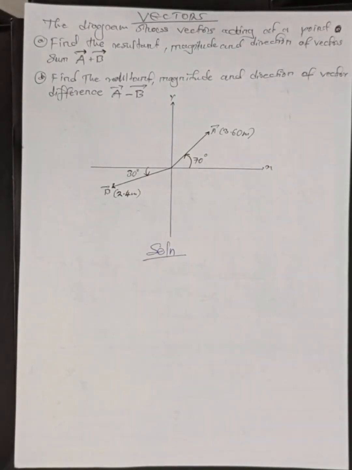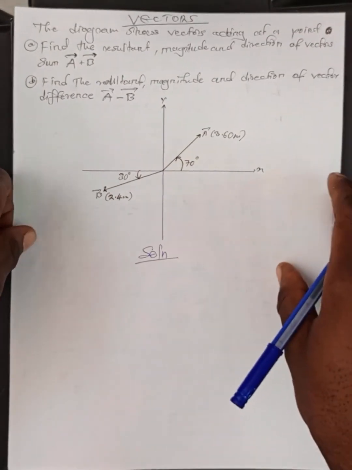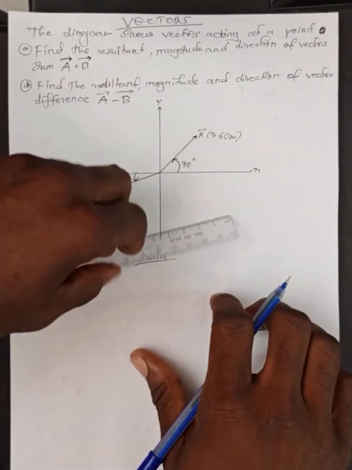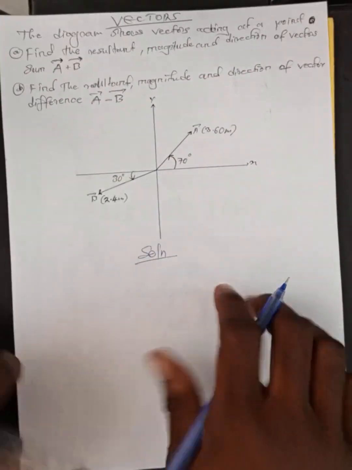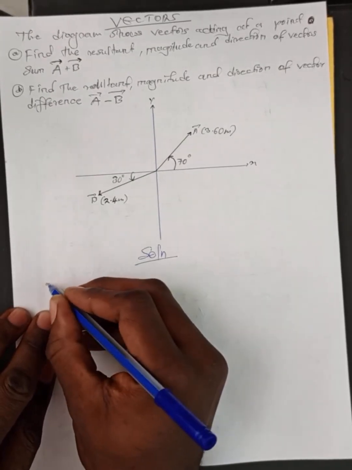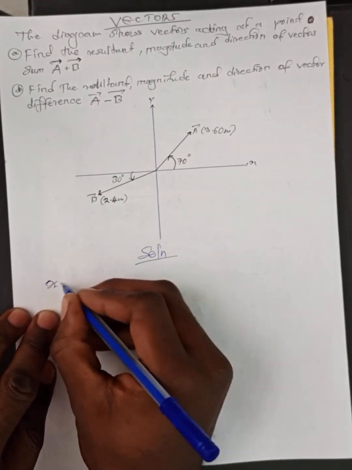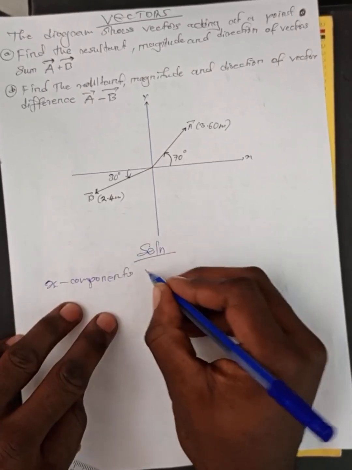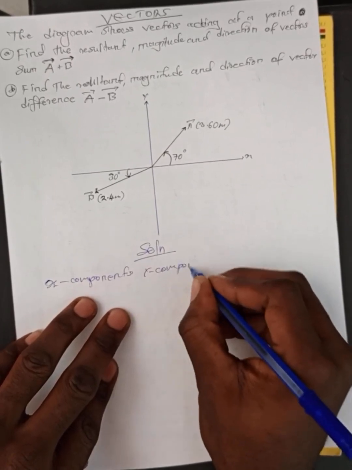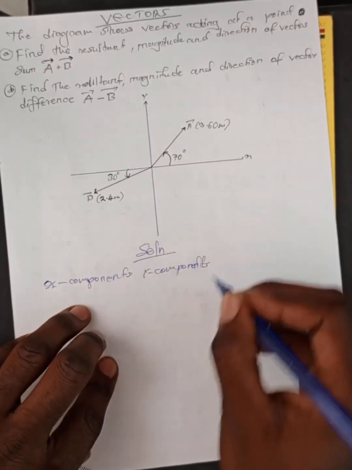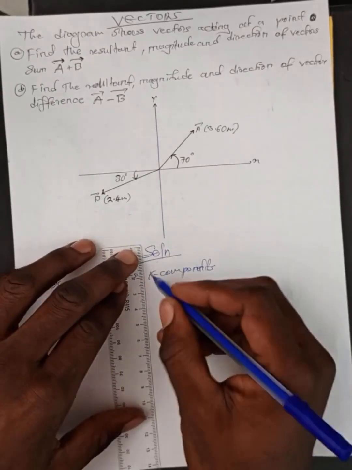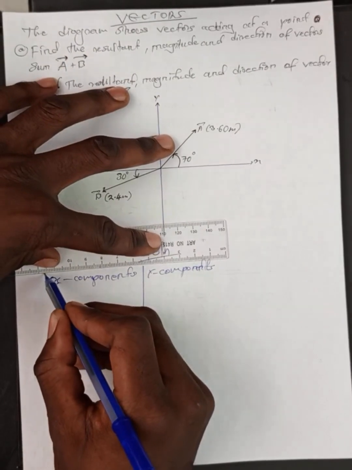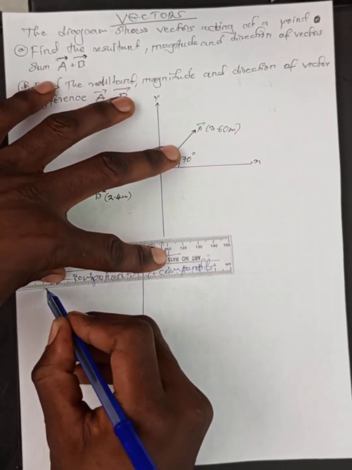When you are calculating vectors, you should make sure that you make a table, just a simple one. So this is how it goes. You are going to have x components and y components.